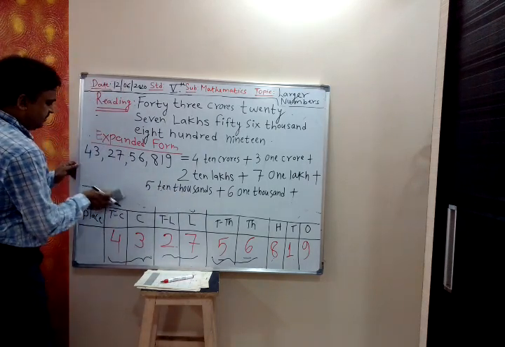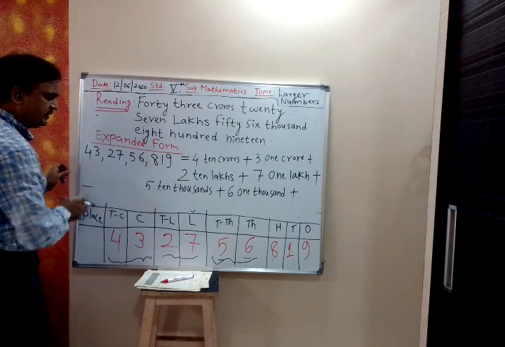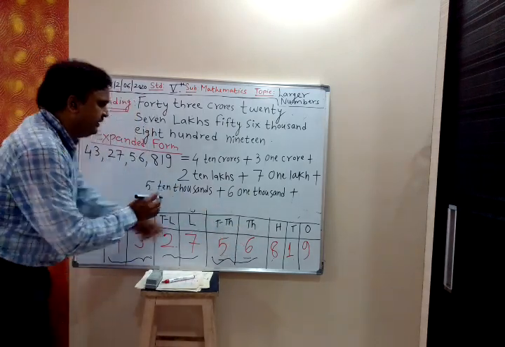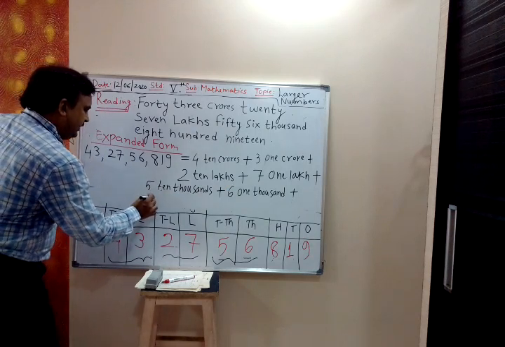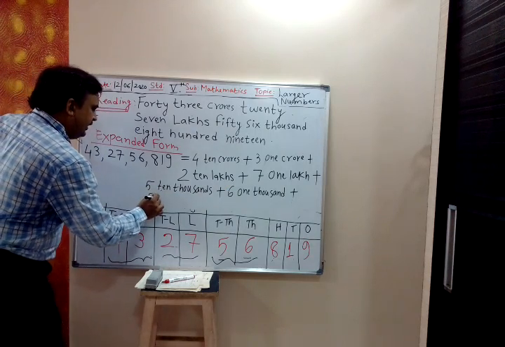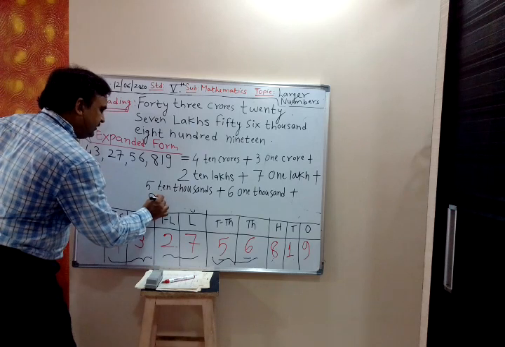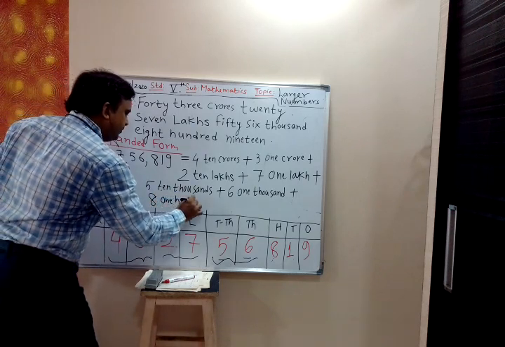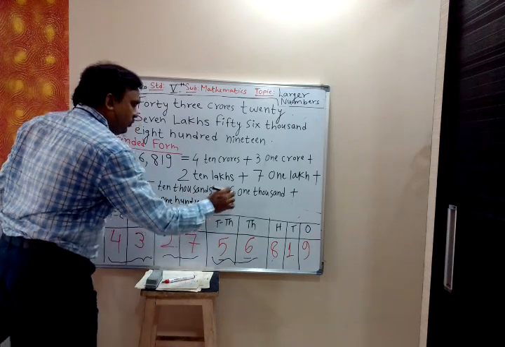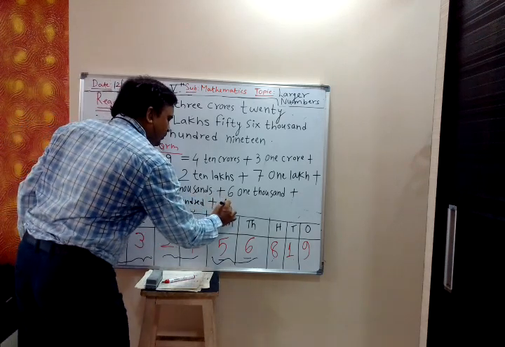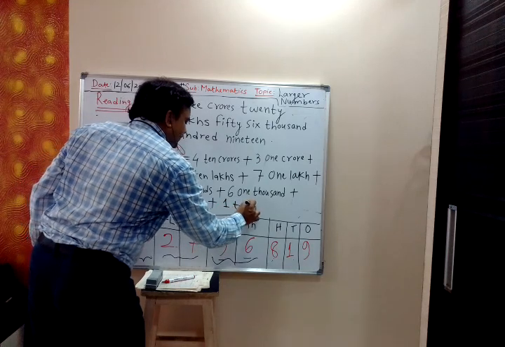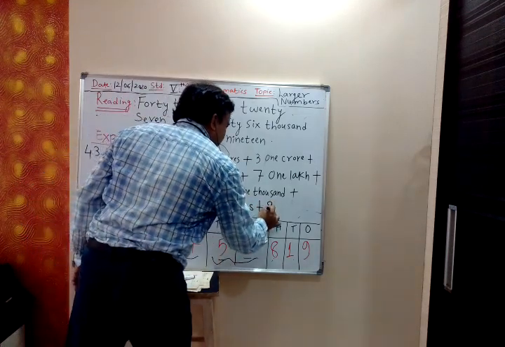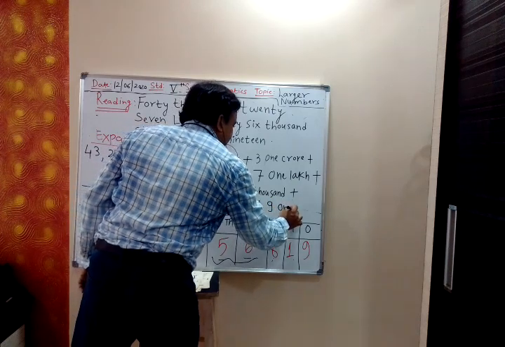Now write, plus after 6 one thousand, what will you write? 800, 8 hundred, plus 1 tenths, plus 9 ones.